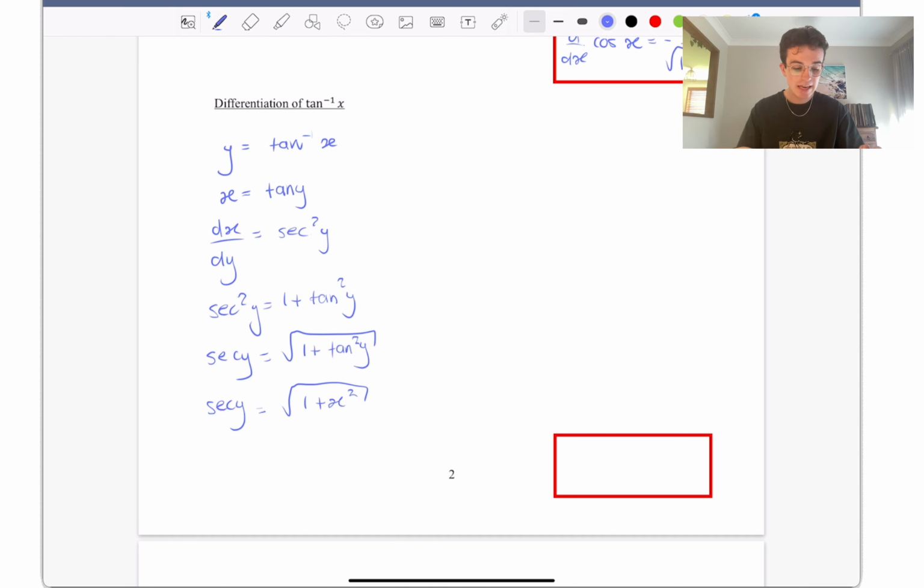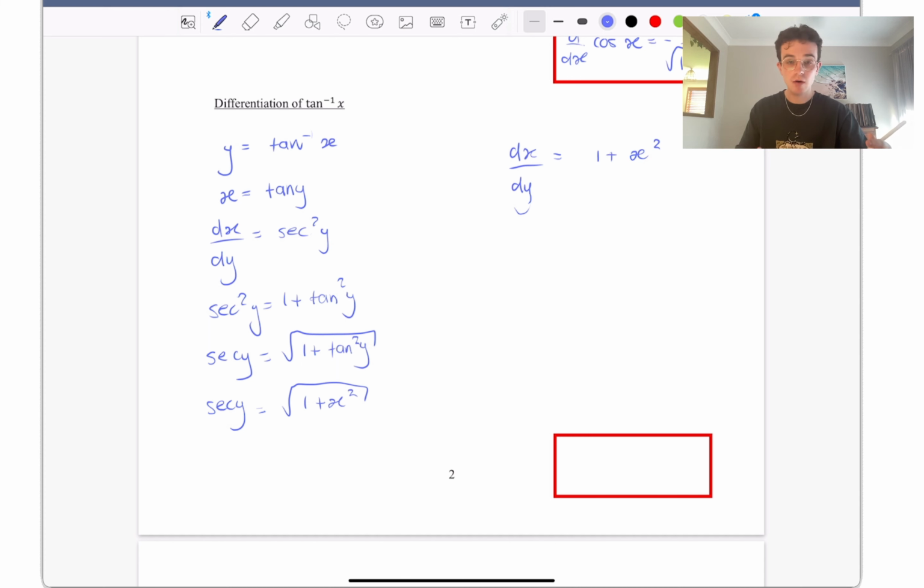Now we know that dx dy is equal to sec squared of y, and we also know that sec y is the square root of 1 plus x squared. So if we square that, root 1 plus x squared, we get 1 plus x squared without the square root. So that means dx dy is equal to the square root of 1 plus x squared, all squared, which is 1 plus x squared.